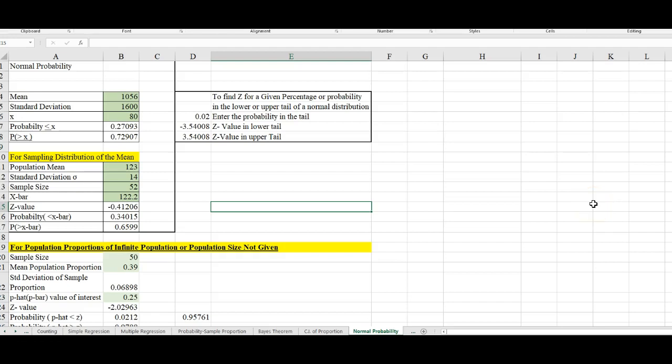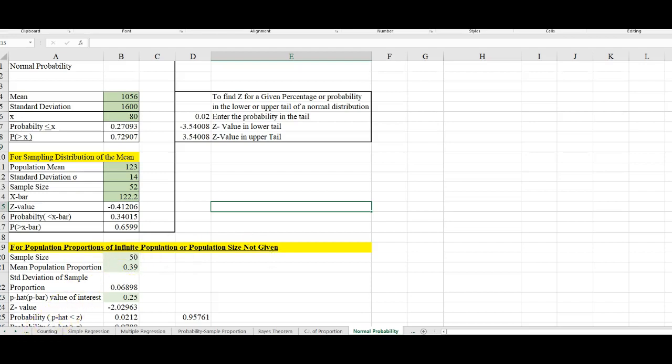To solve the standard deviation or the standard error for p-bar, I switched to the statistical toolkit because what we want to find is the standard deviation of the sample proportion. In this situation, we don't know the population size, so I'm using the normal probability tool for the sample population proportion of infinite population, or where the population size is not given.